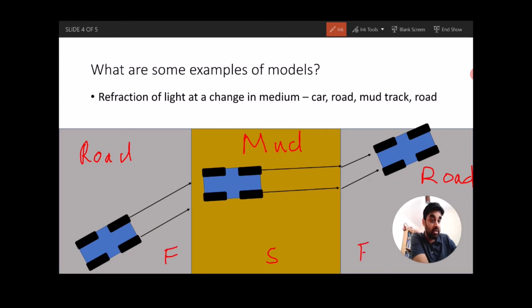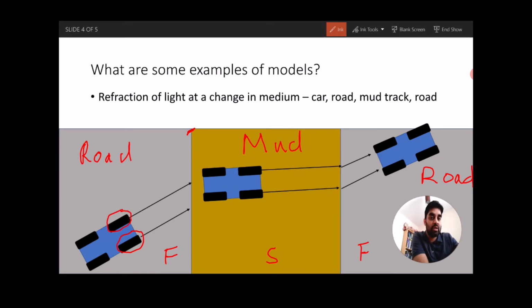The idea is that as this car from the left-hand side hits this boundary, one of the two wheels will hit the boundary first. So it'll be the bottom wheel. The bottom wheel will hit that boundary first. As it hits that boundary, it will be traveling slower than the top wheel.